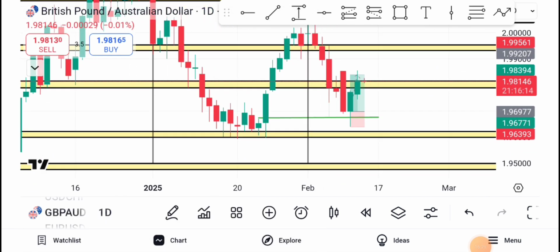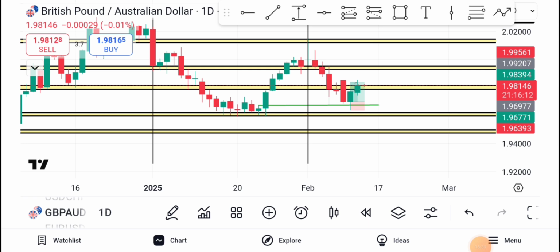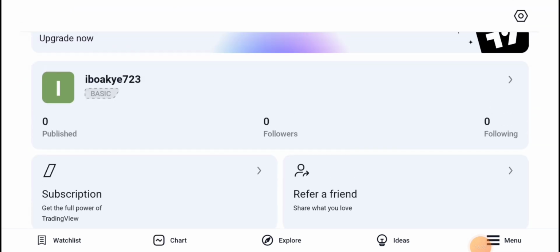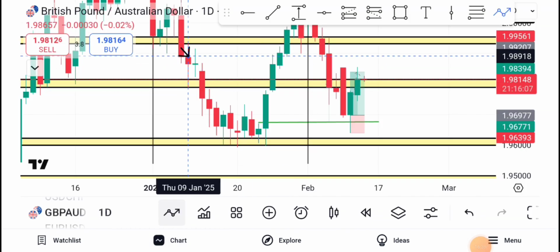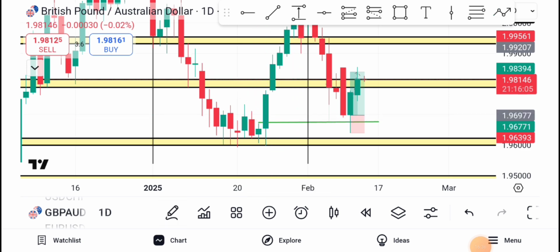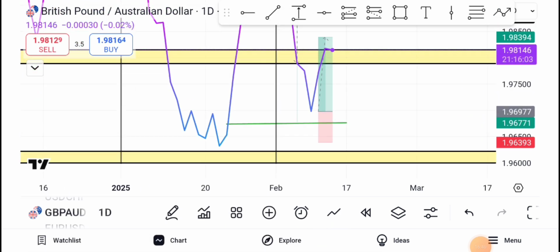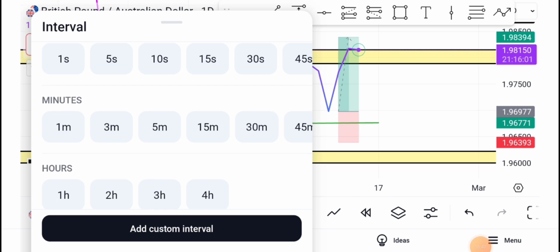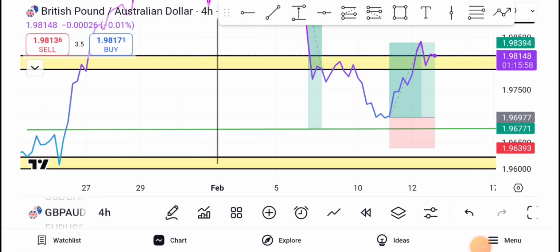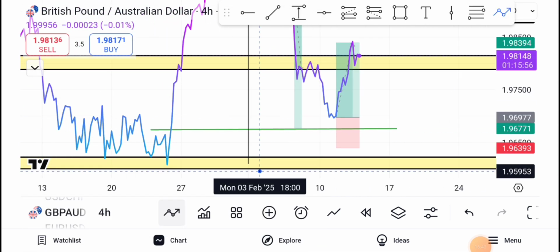This is an example. You see, when I draw my zones, I still do. So these green things that you are seeing here are examples of the strategy. You see how we have the curve here, and then it was the last level that we broke and never retested.